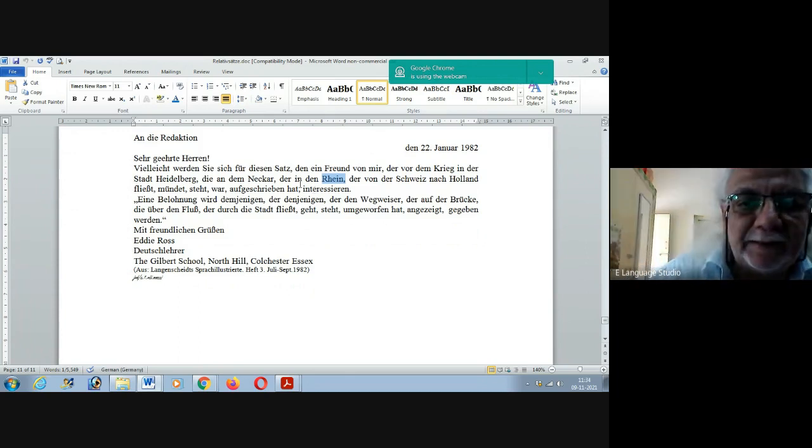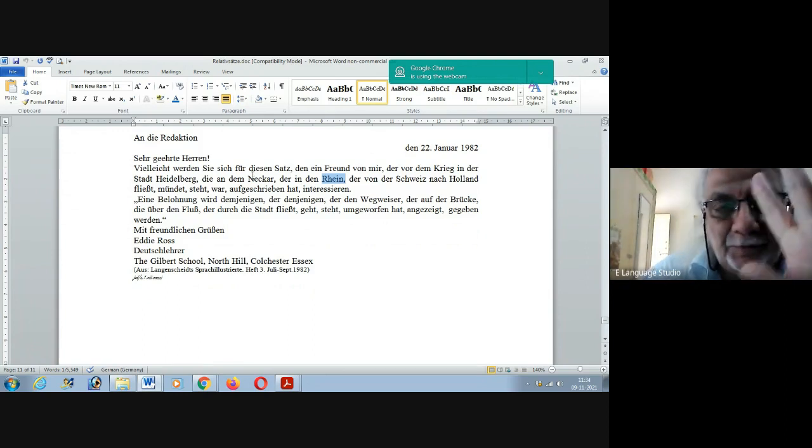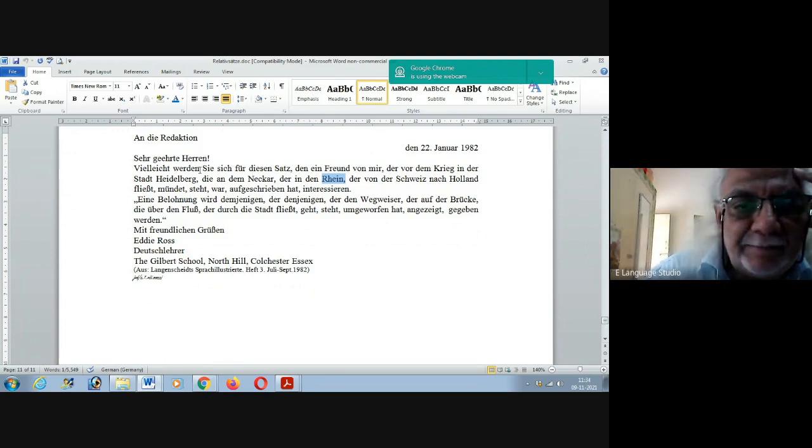So actually the sentence should be, to make sense: vielleicht werden Sie sich für diesen Satz interessieren, den ein Freund von mir aufgeschrieben hat, der vor dem Krieg in der Stadt Heidelberg war, die an dem Neckar steht, der in den Rhein mündet, der von der Schweiz nach Holland fließt.